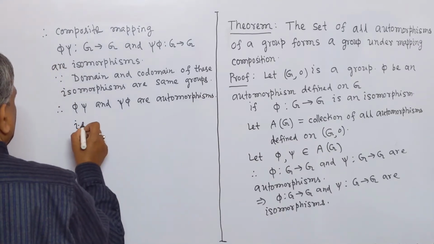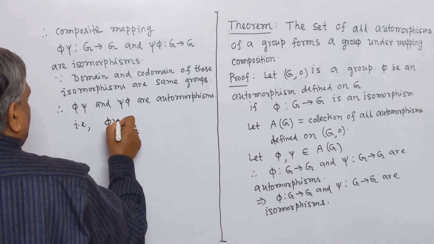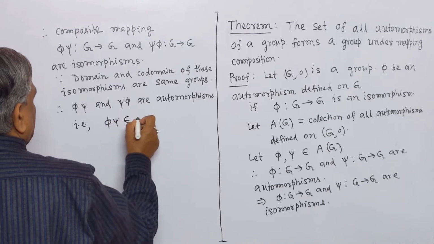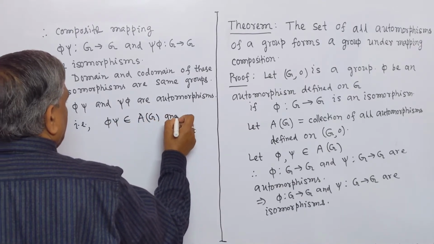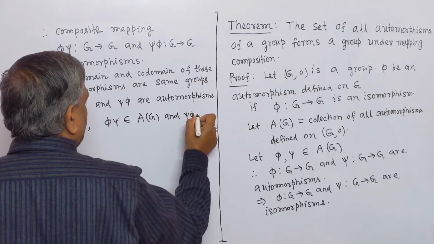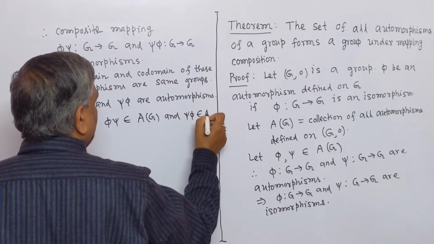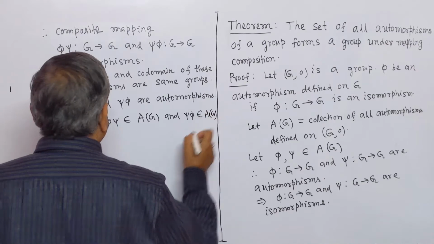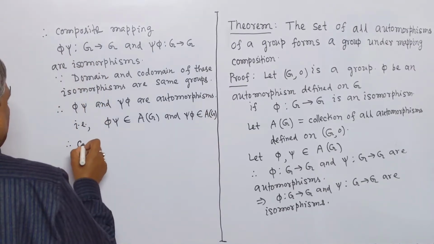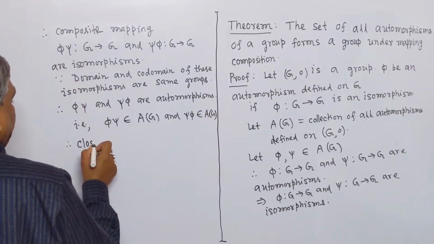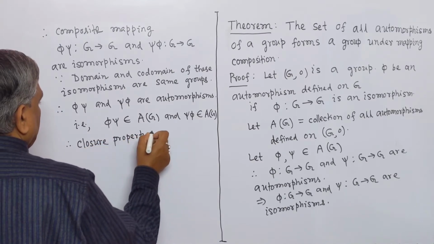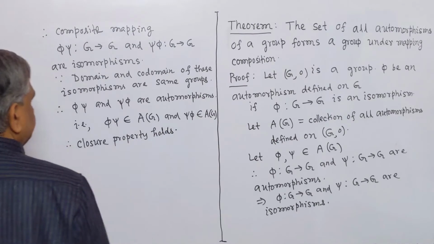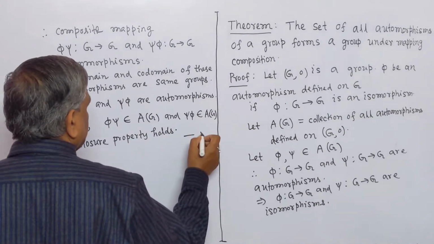That is, phi psi belongs to AG and psi phi belongs to AG. Therefore, closure property holds. This is number one.